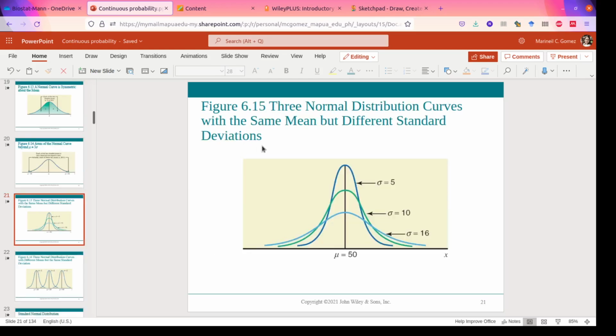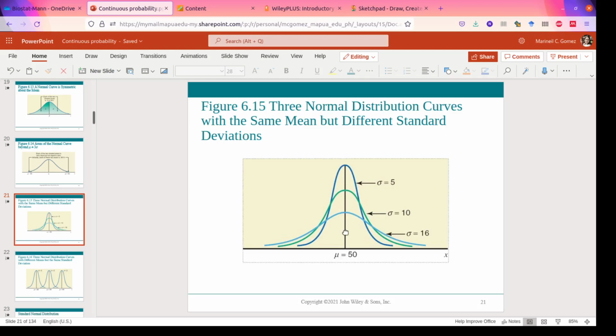Now, the sigma tells us how far apart the values are. A very, very large standard deviation shows us a flattened curve, so as you go far away, the probability is not really diminished. At a low standard deviation, the values of your sample tend to cluster around the mean.